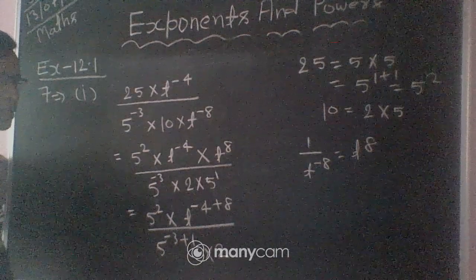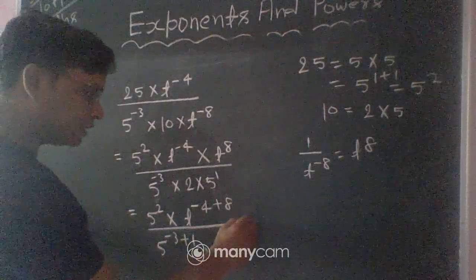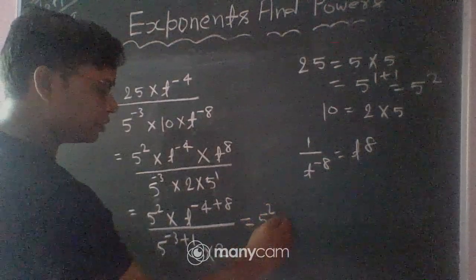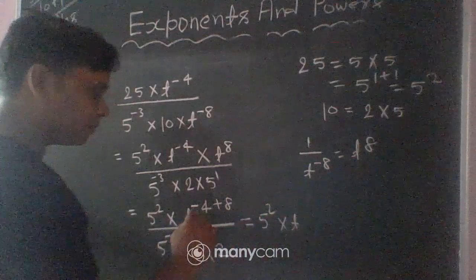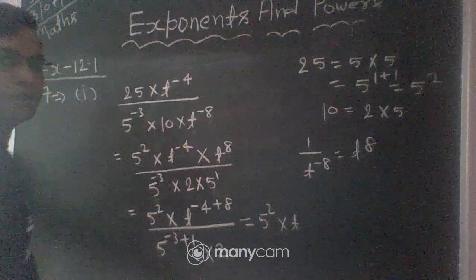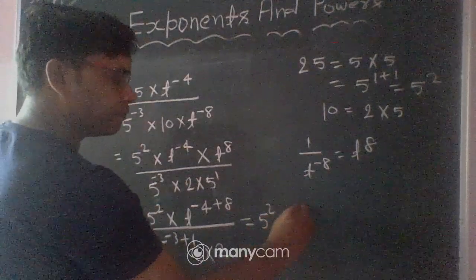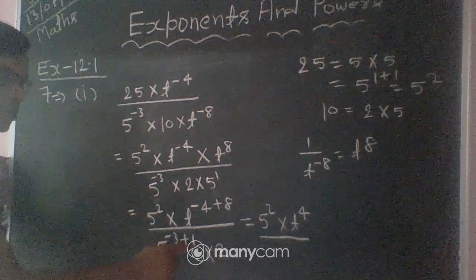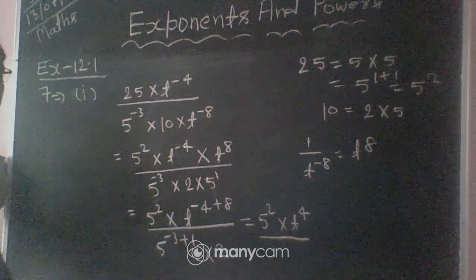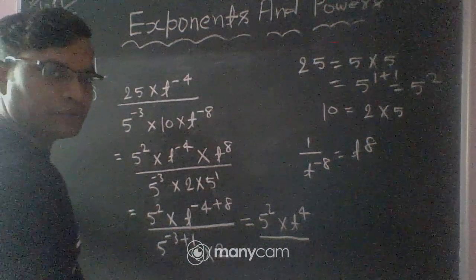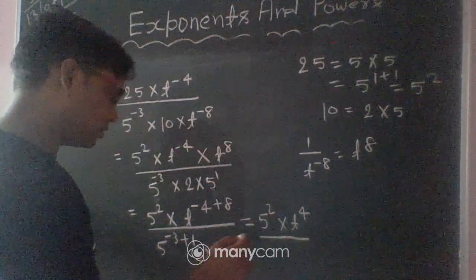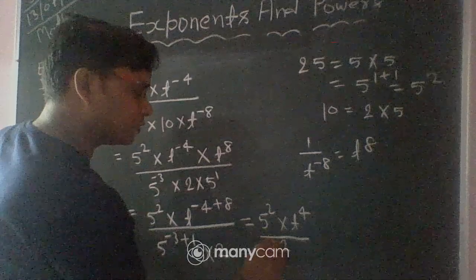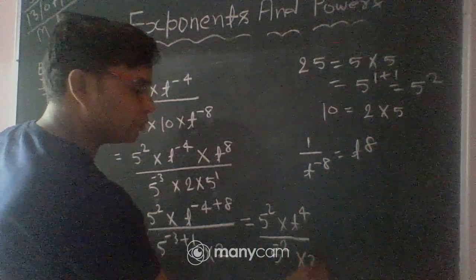This is clear? Now this is equal to 5 power 2 into t power minus 4 plus 8, which is equal to 4. So t power 4 by, here you can see minus 3 plus 1, 5 power minus 3 plus 1, which is equal to 5 power minus 2, into 2.